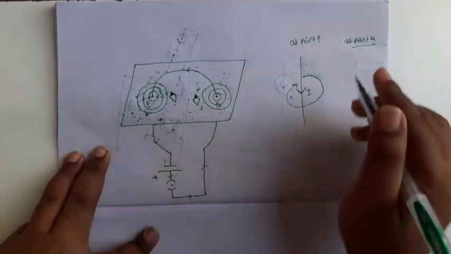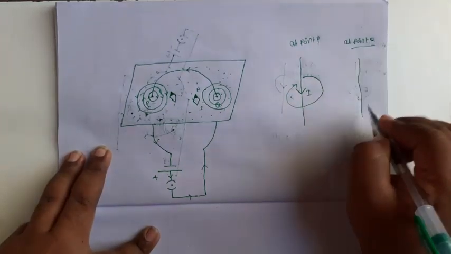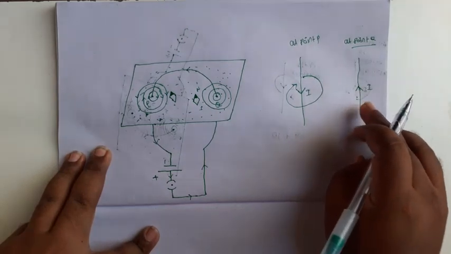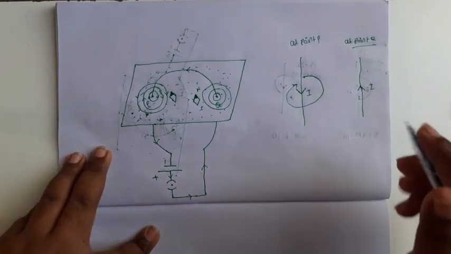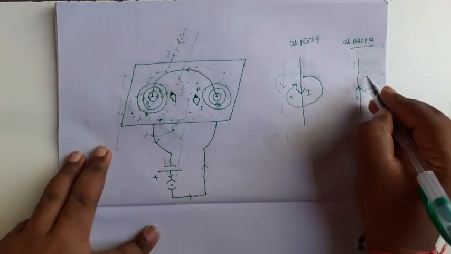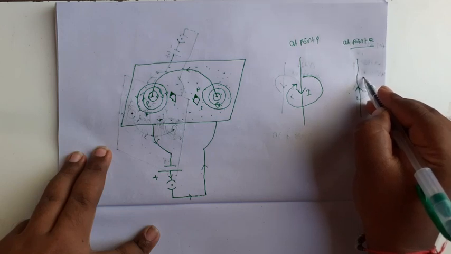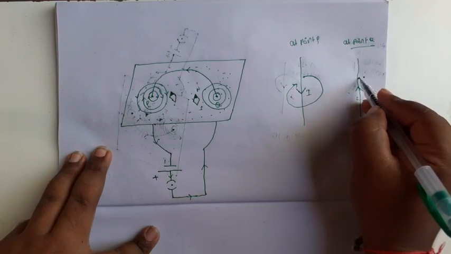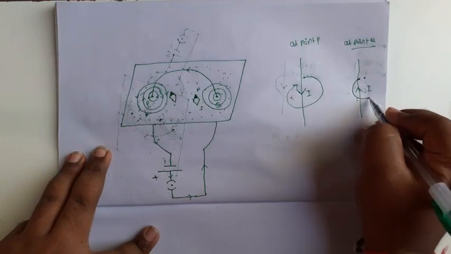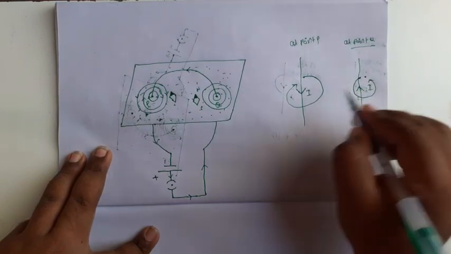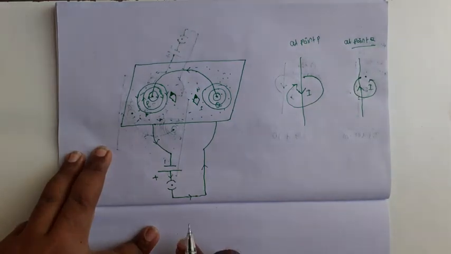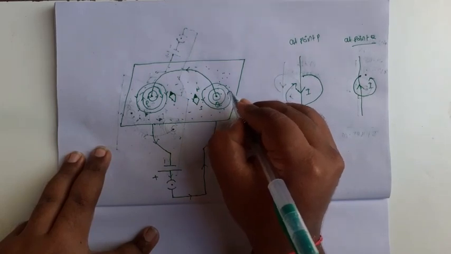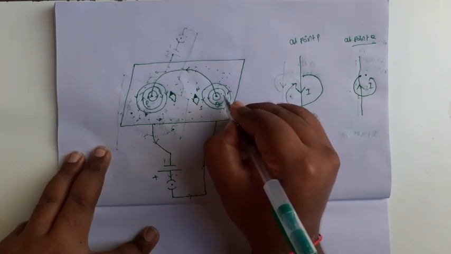So in the conductor, current is moving in the upward direction. What is the direction of the magnetic field? The magnetic field is in the anti-clockwise direction. This is the anti-clockwise direction.